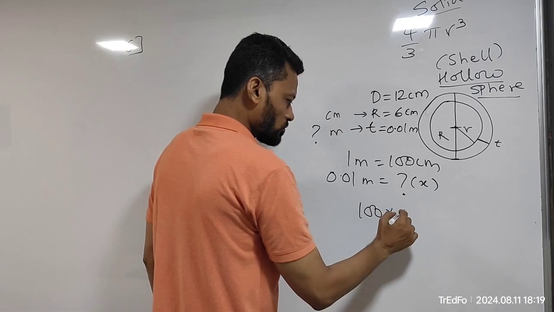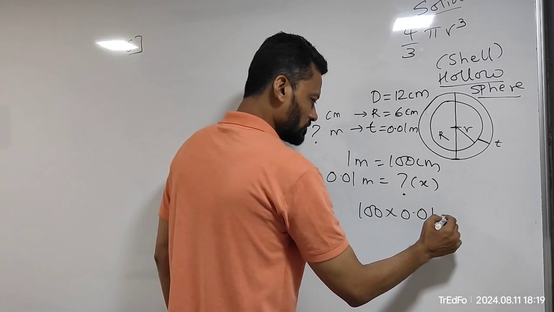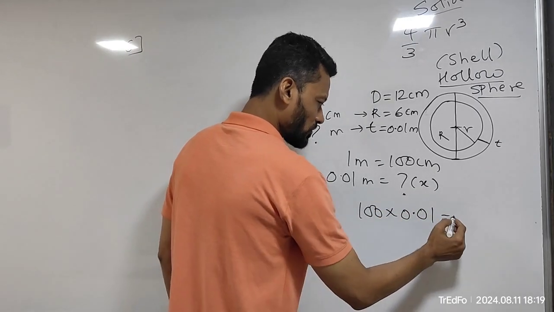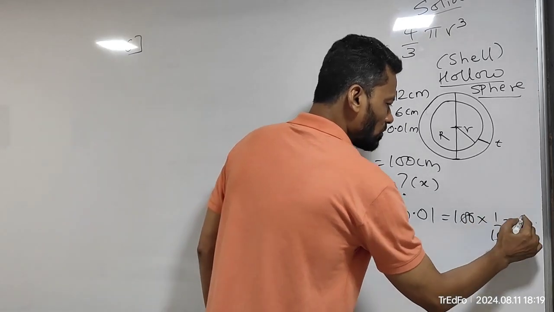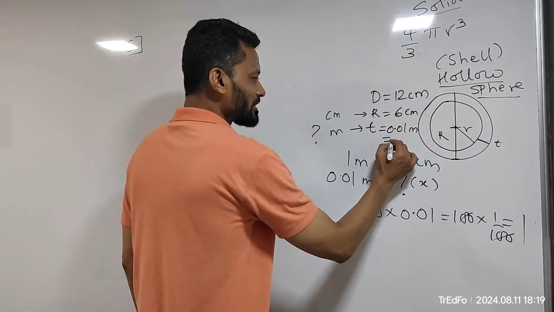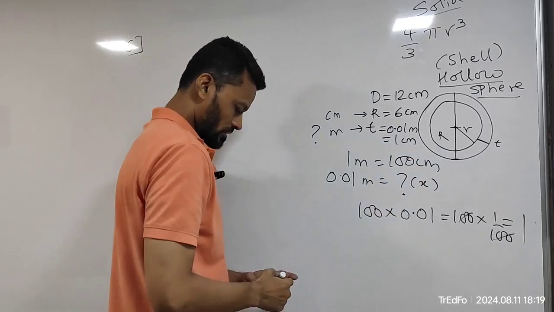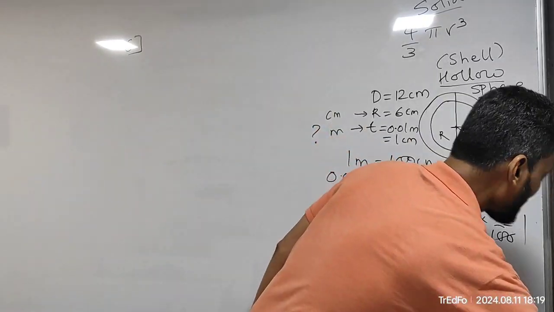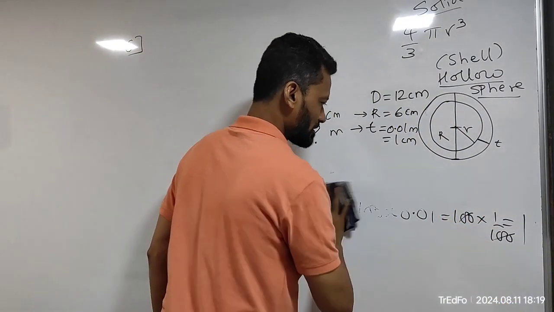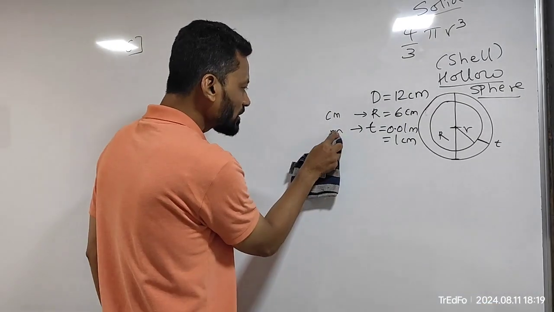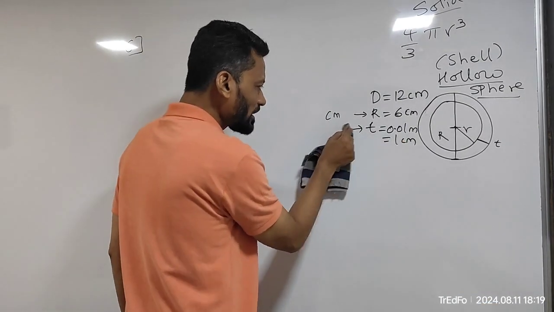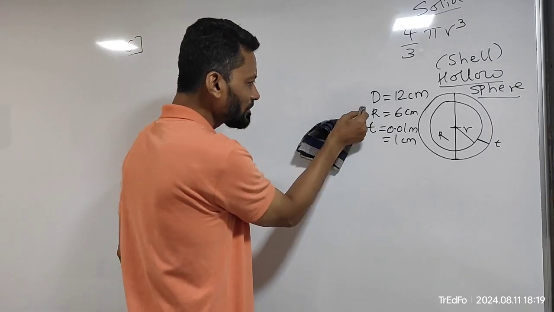So 100 into 0.01, if I remove 2 decimals from here, 100 into 1 by 100 goes 1. So I'm going to get this as 1 centimeter. Clear? I'm erasing this information. So far we converted meter into centimeter. Job done. This is in centimeter.